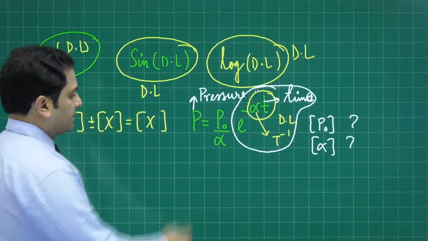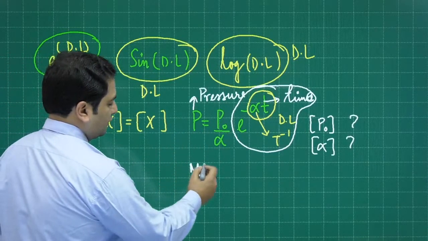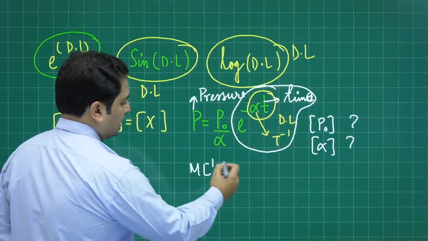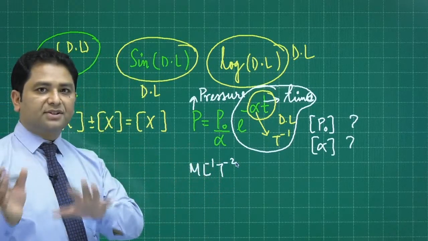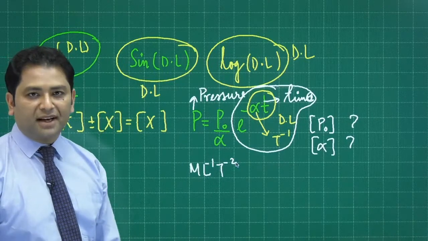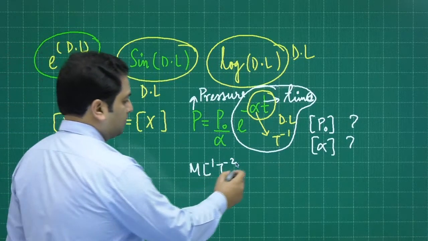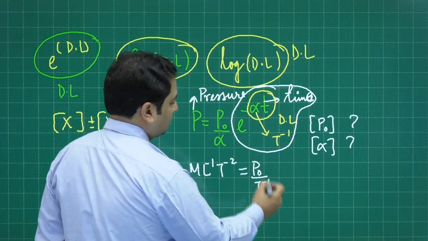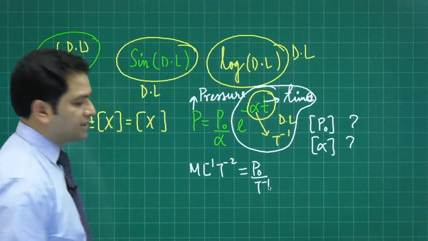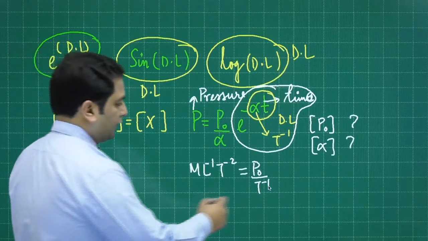Then comes P, the pressure. That is force per unit area, isn't it? So M L T minus 2 divided by L square, that's going to be M L minus 1 T minus 2. And P naught, we need to calculate the dimension. Alpha from the previous one we have done, that is T minus 1. So straightforward.